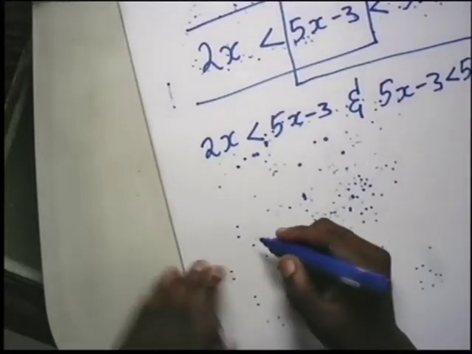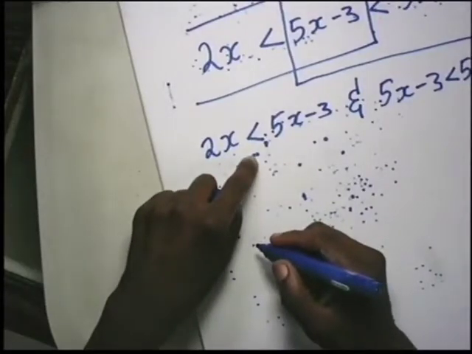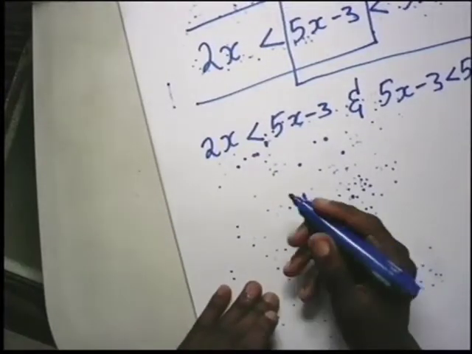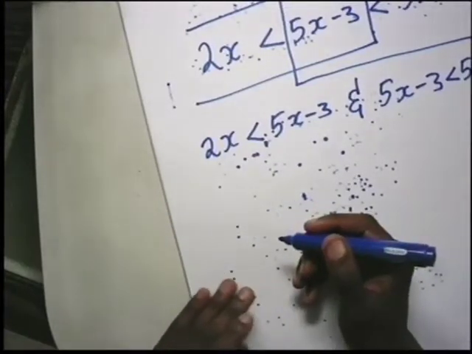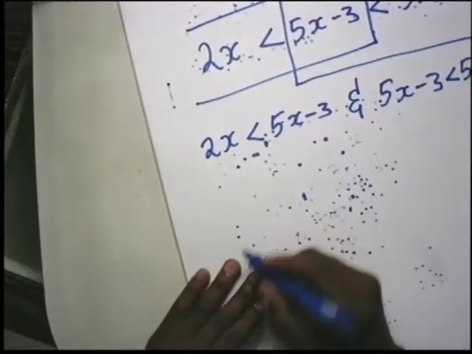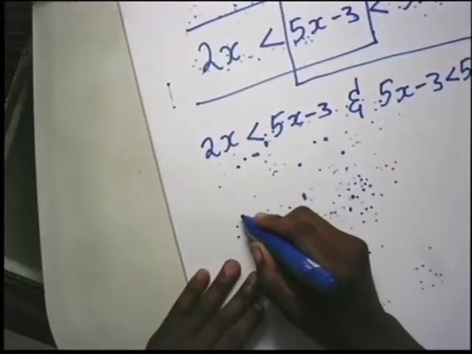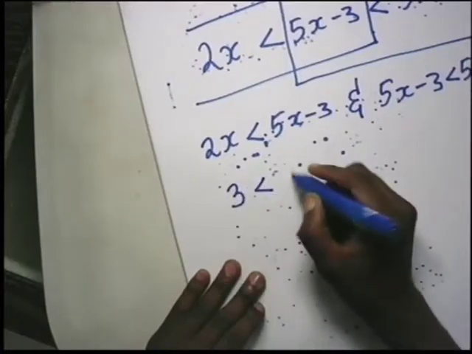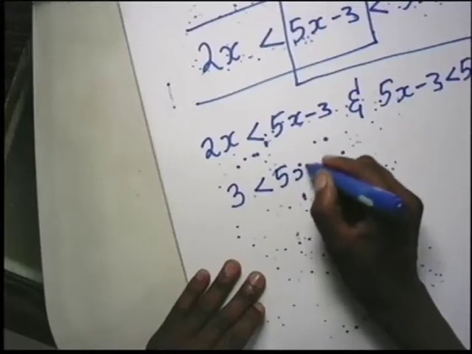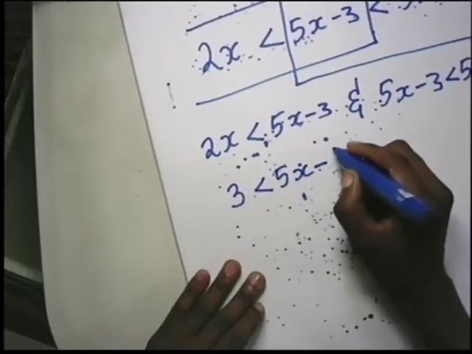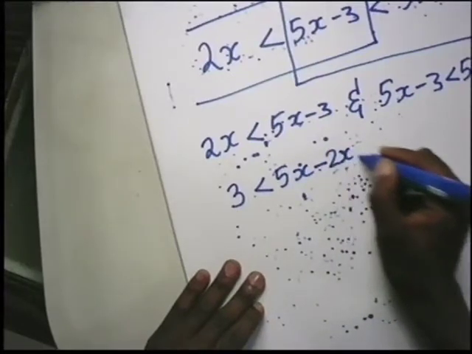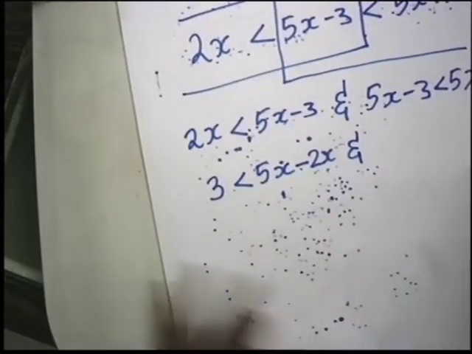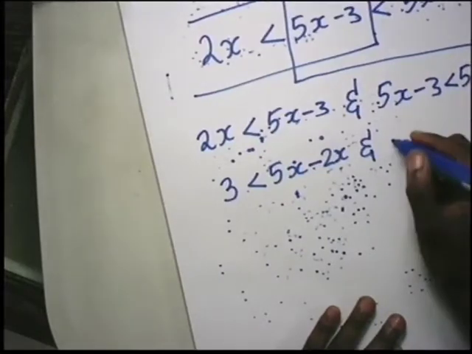So now you take the inequality to represent an equal sign. So you solve this just like you are solving a normal equation. So what you do, you have to say, for example, now you have a 3 less than 5x minus 2x, and the other one, let us solve them simultaneously.